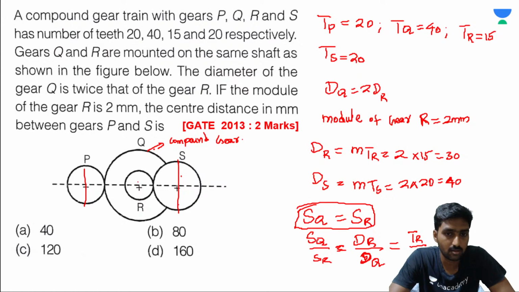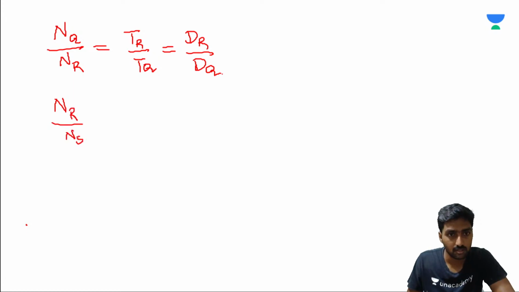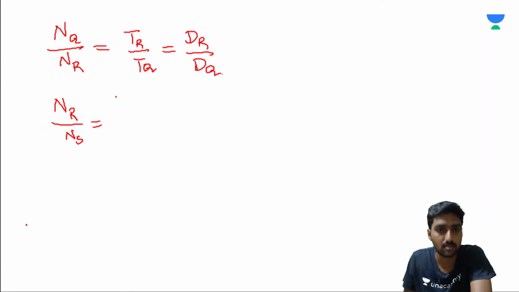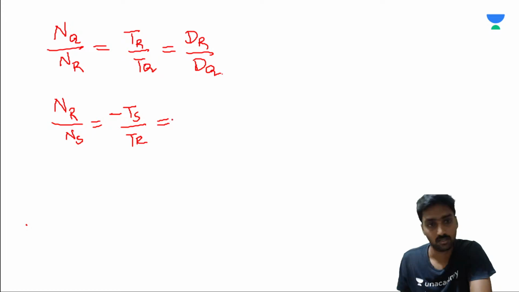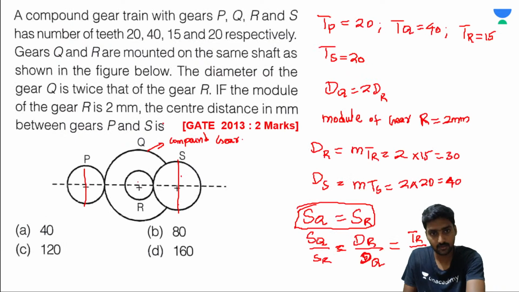Now, next we need to calculate nR and nS. nR divided by nS is equal to, we are meshing externally, minus TS divided by TR. In terms of nS, we need to calculate.